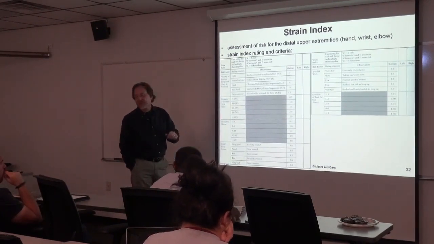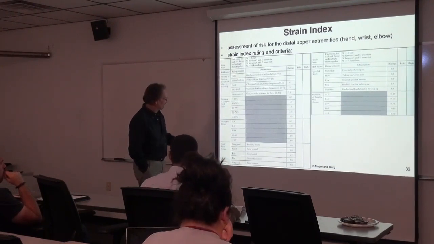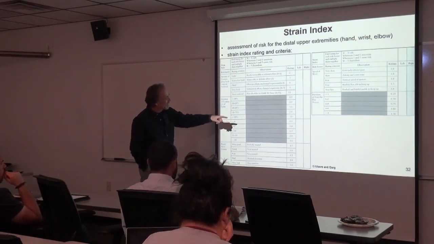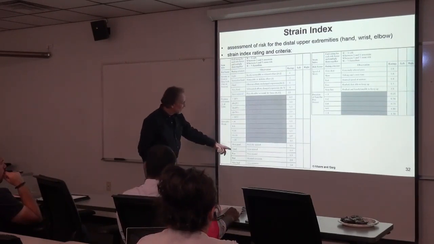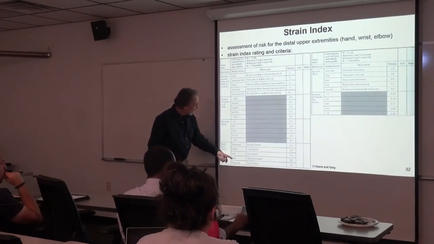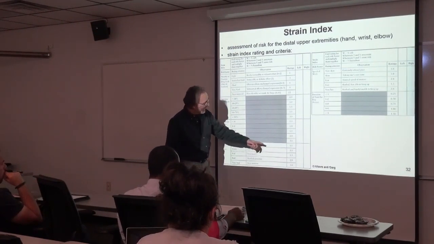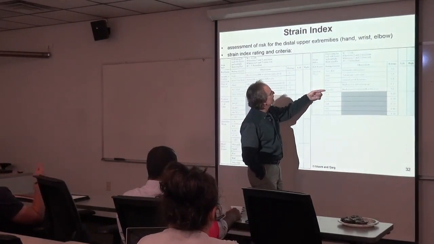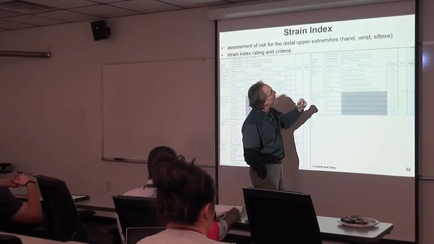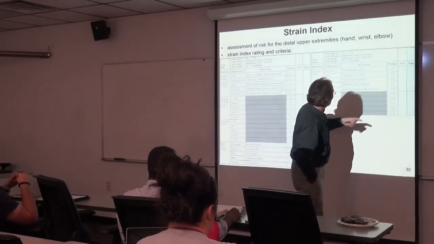How many times do I exert that maximum force? And estimate that, get a score. Hand wrist posture, we already talked about that, about estimating from very good to very bad, and you get a score accordingly. Speed, okay, I have to estimate how quickly they're working. You get one of these scores accordingly.